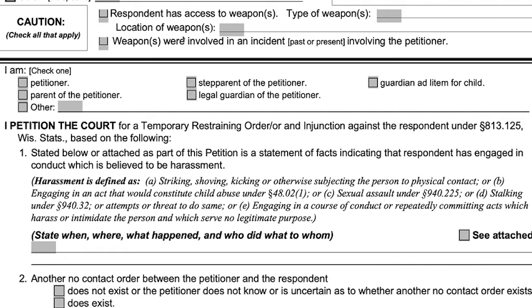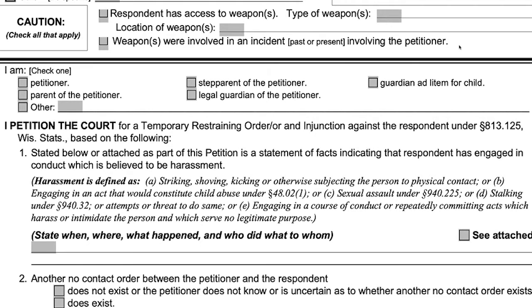So for example, if you know this person is a hunter and has a gun safe in their truck and they take a hunting rifle around town with them, you'd need to tell the police about that. Finally, in this section, they want to know if there were any weapons involved in an incident, past or present, involving you.